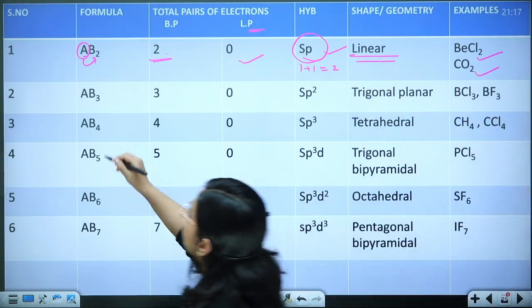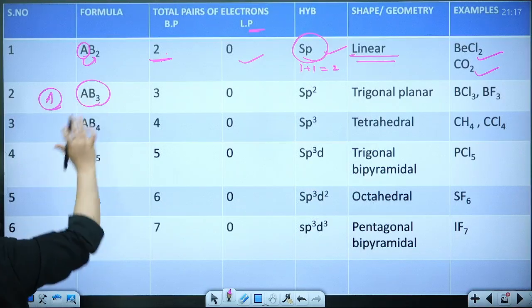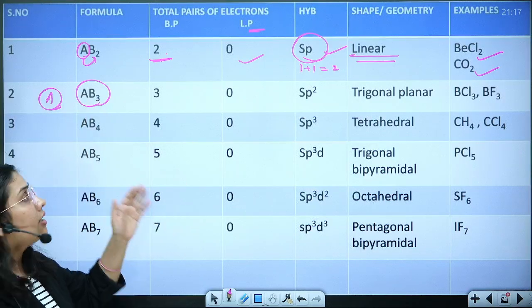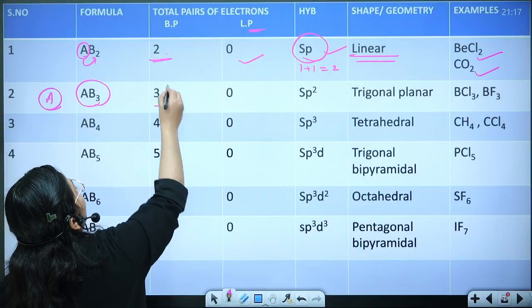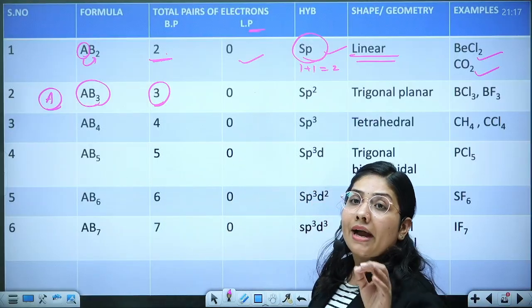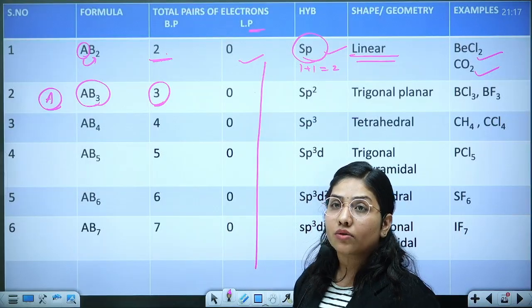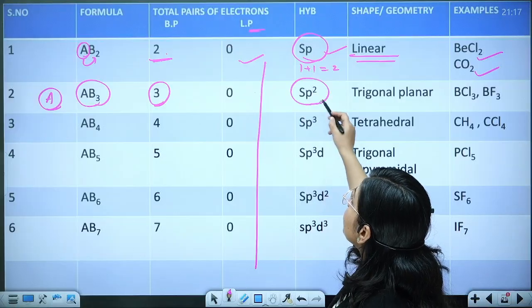Come to the next, this is also a general formula. Here A is the central atom and B are the monovalents joined to it. So here the bonded pairs are 3, lone pair 0. Kindly see that here we are dealing with the cases where lone pairs are 0. So the hybridization here is sp2.